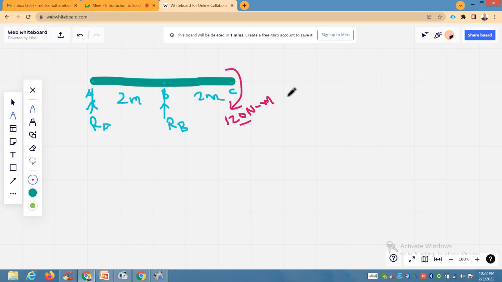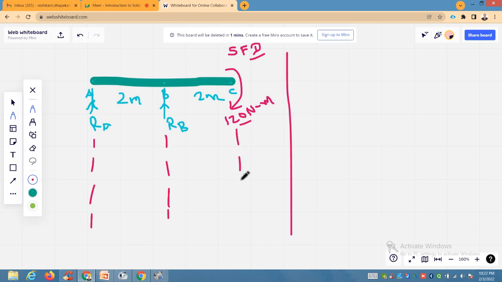Now let us start. First of all, our aim is to plot the shear force diagram for such types of overhanging beams. To plot the shear force diagram, first of all we have to determine the reactions.